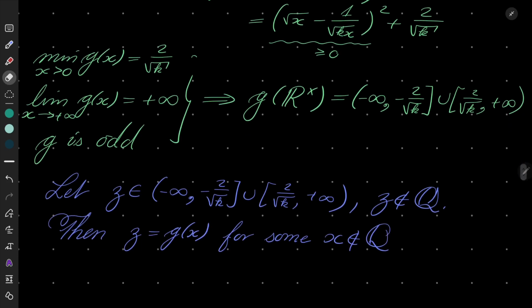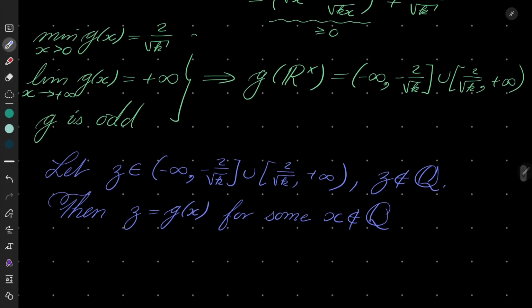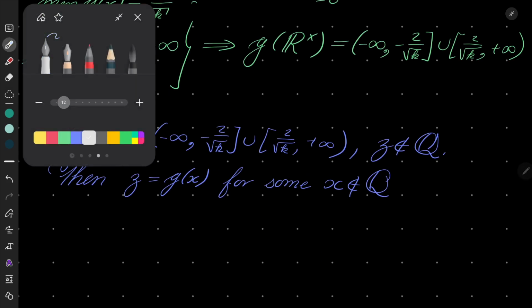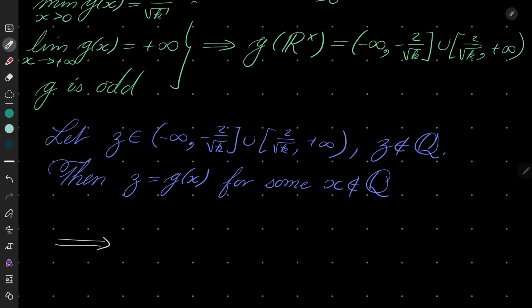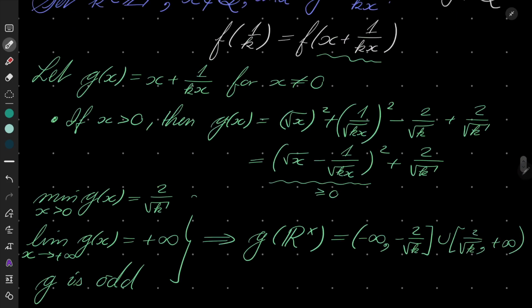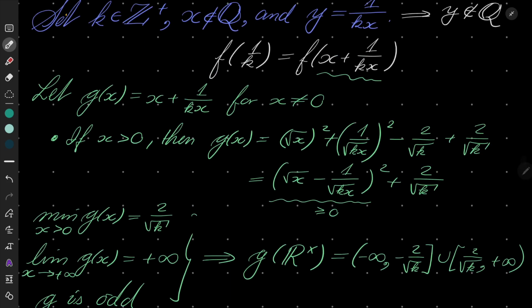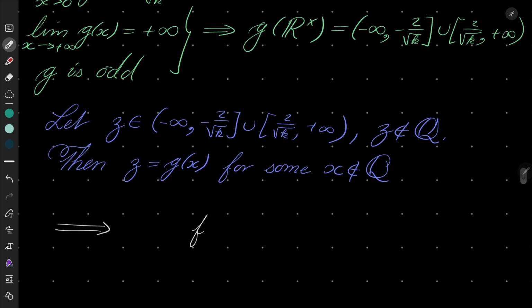Okay, and that means, let's go back, that f of 1 over k equals f of z.